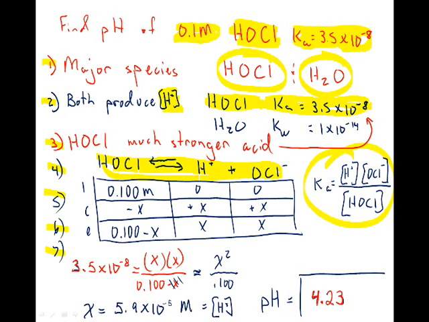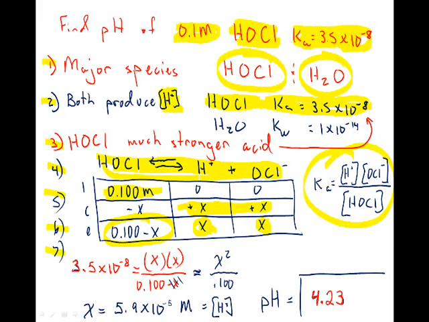So initially in our ICE box, we have a 0.1 molar solution. We know the reaction is going to go somewhere to the right. So these x's are going to increase because there wasn't any of them before. And in our final solution at equilibrium, we'll have x for the concentration of these and 0.1 minus x for the concentration of the acid, because it's a weak acid. Not much of it's dissociating.